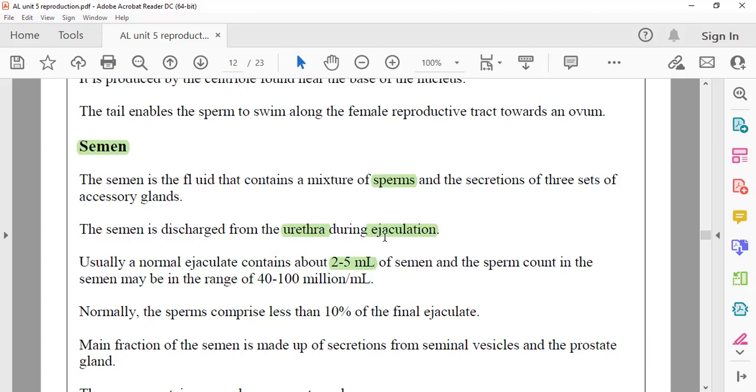In the semen, how many sperms will be there? 40 to 100 million sperms will be there in 1 milliliter. In that range, if the sperms are there, that man is healthy. Understood?